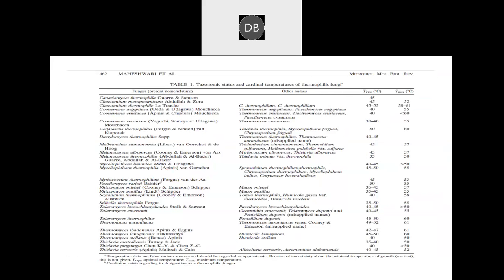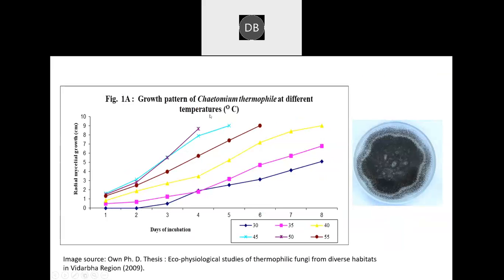Then this is the table showing the list of fungi recorded, and their optimum temperature as well as maximum temperature is shown. If we consider the 45-degree temperature, we can see that it is optimum for most of the fungi, whereas for some fungi 50 degrees centigrade is the optimum. In some of the fungi, the maximum temperature is 60 to 61 degrees centigrade.